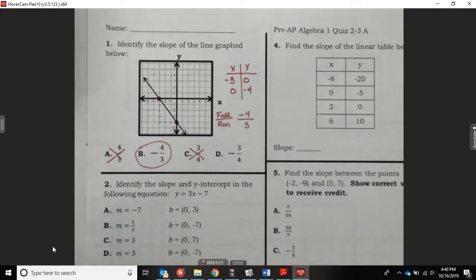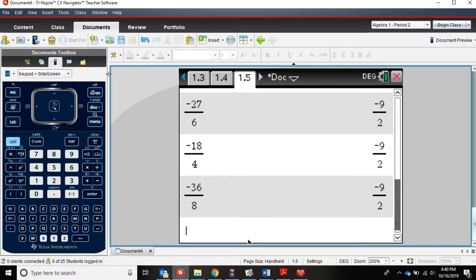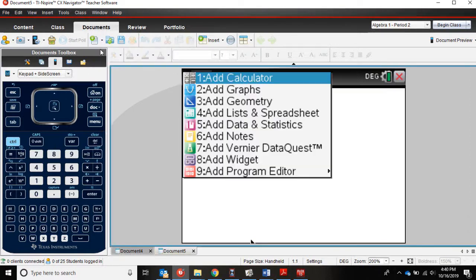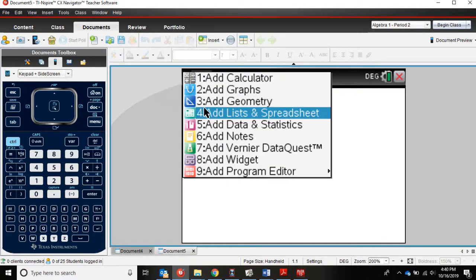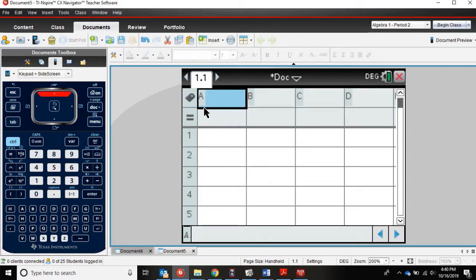Now, if you were to use your calculator, you would need those 2 points. And so on the calculator, you would get a new document and add a list and spreadsheet. Remember, at the top you put X and Y, and then you put your points. -3, 0, over here I have 0 and -4, and I'm matching the table that I wrote on my paper.